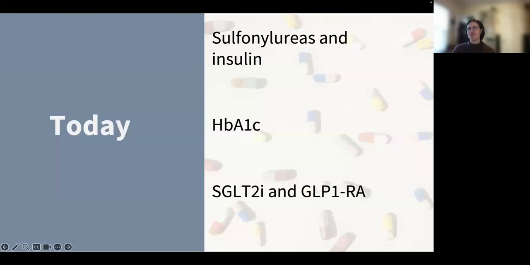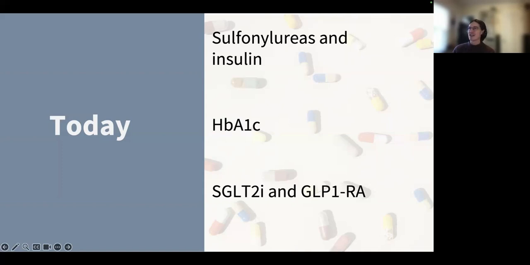Okay, so we've talked a little bit about some of the newer agents already. And when we give presentations about type 2 diabetes in older adults, we always get tons of questions about use of SGLT2 inhibitors and GLP-1 receptor agonists in frail older persons, especially when we talk about long-term care.